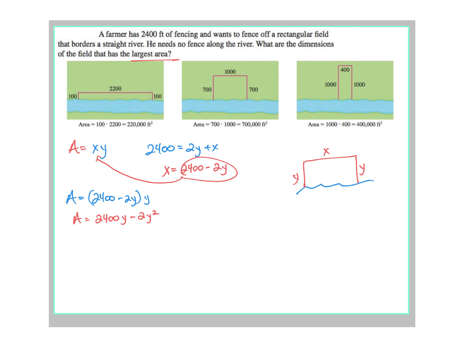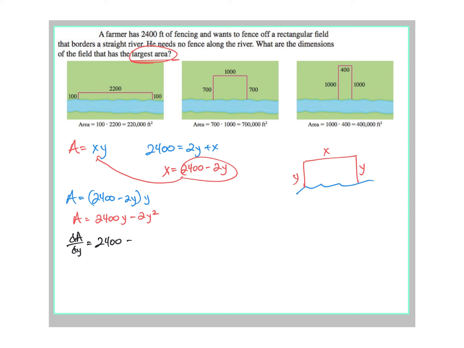Now, we're asked to find the largest area. So really, I'm finding a maximum. I'm finding a maximum area. That's really what it's saying. So what do we need to do? Take a derivative. So what would my derivative's name be? dA/dy, because now I'm with respect to y here. So what's my derivative of 2,400y? 2,400.